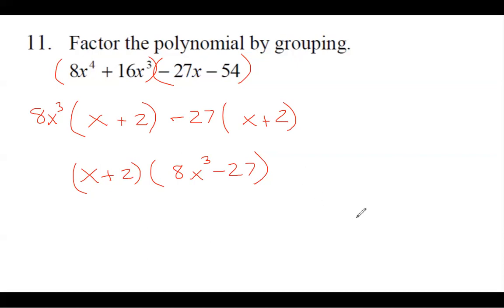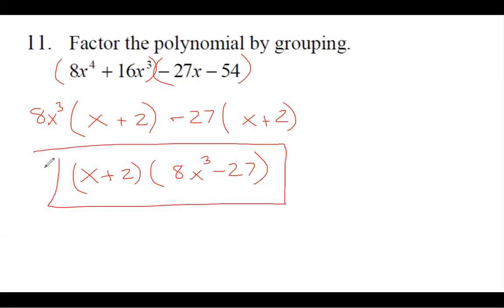All right. So once we get here, we see that we have x to the power of 3 minus 27. I'm not going to factor it further. I'm going to go ahead and leave it as is, guys. So we have x plus 2, 8x to the power of 3 minus beautiful 27.